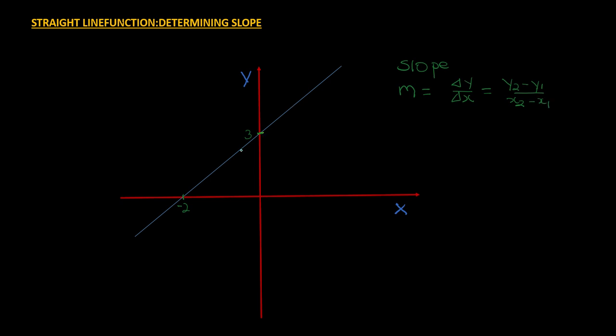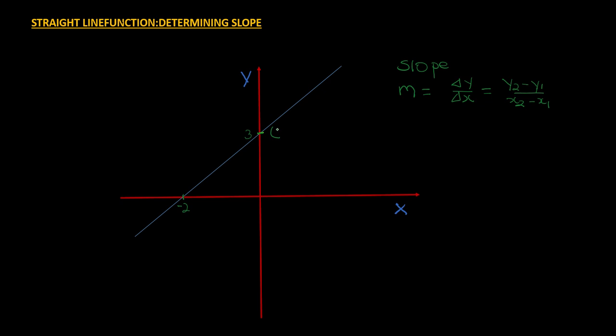Now you can choose any of these 2 points to be your y2 and x2, and the other must be y1 and x1.